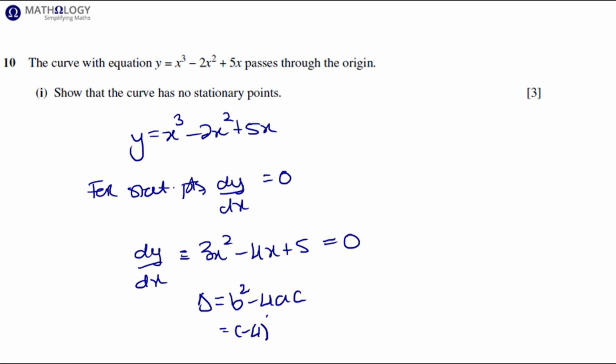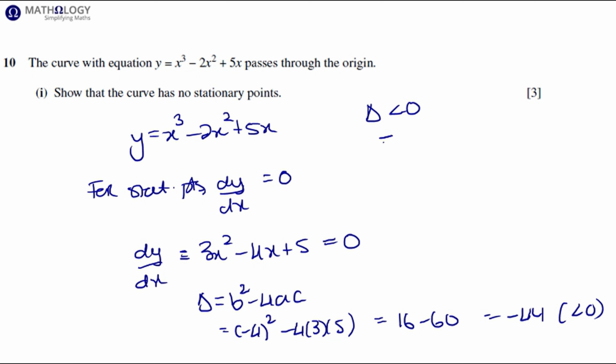That'll be minus 4 all squared minus 4 times 3 times 5, which is 16 minus 60, which equals minus 44, and that is clearly less than 0. So the fact that delta is less than 0 implies that we have non-real roots to the quadratic. So the fact that there are no roots to this quadratic implies that there are no stationary points.